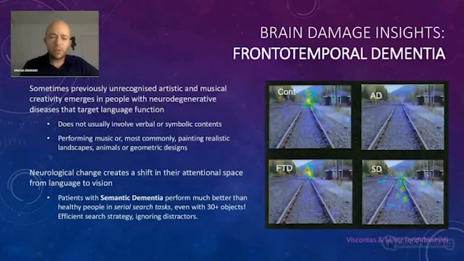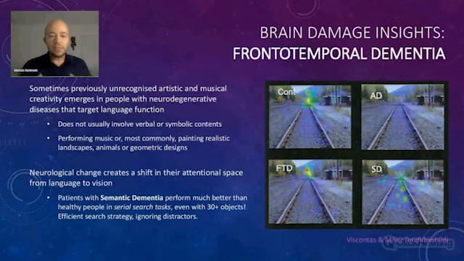People with semantic dementia will find an object out of 30 as fast as they find one out of 15, while eye tracking studies show that they are actually looking at a smaller area on the screen, which is fascinating. So it looks like when there are losses in certain parts of the brain, there is a more efficient visual search strategy emerging, and there is a way of ignoring distractors.